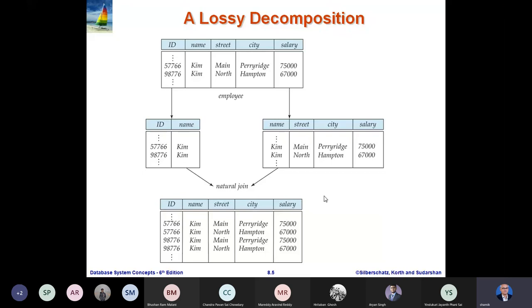And what we had seen previously through this example, now we can understand why it is actually lossy. As I said, for some of these, it is fairly simple. You know that the name can repeat, and it is easy to understand that joining on name will give back more rows.